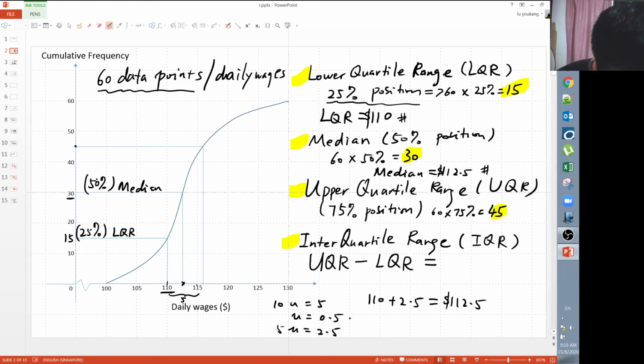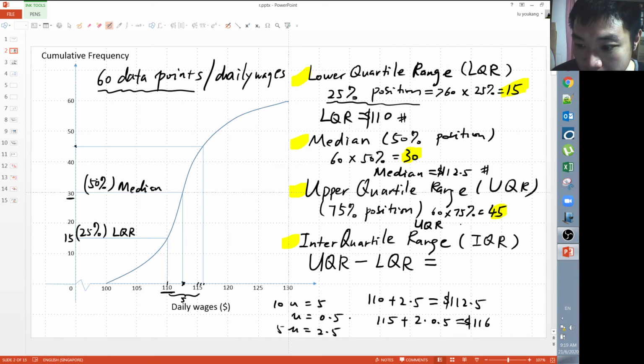So this is 115 for 1 and 2. So 2 units of, so 115 plus 2 units of 0.5. So that will be 116. Alright, so you can actually use a calculator. Okay, so your upper quartile range is $116.